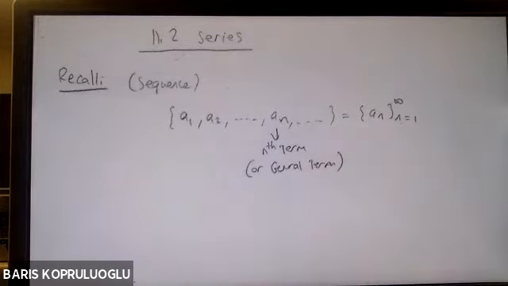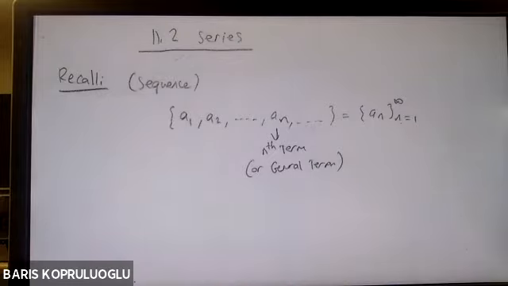So remember, we did some examples regarding sequences: finding a certain number of terms of a sequence, finding the general term of a sequence, and determining if a sequence is convergent or divergent.